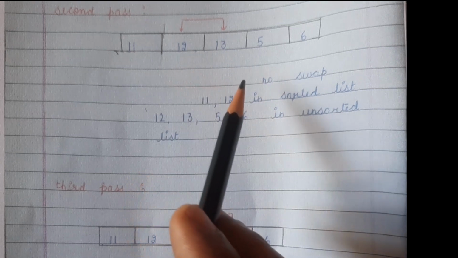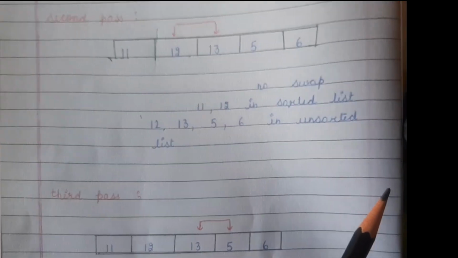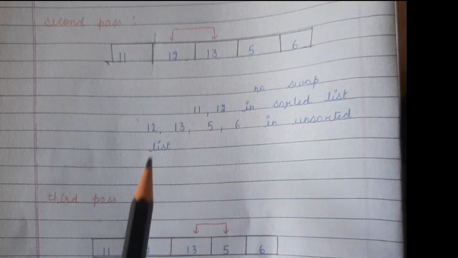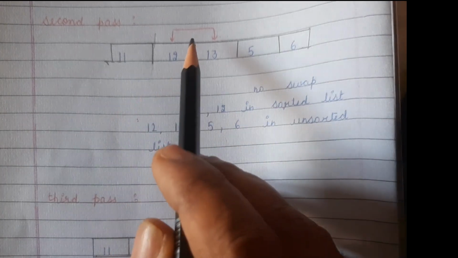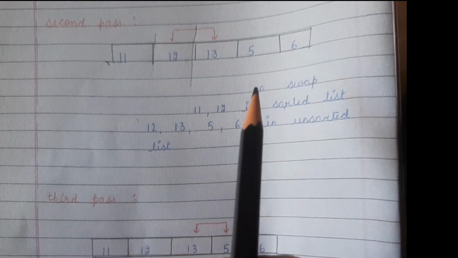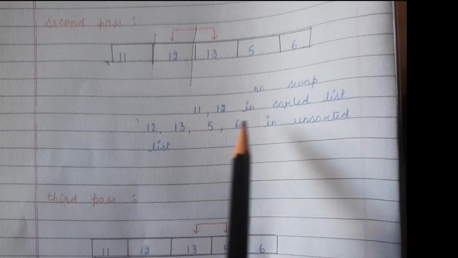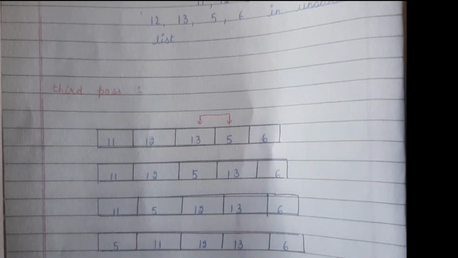Here swapping is not required. So after this, 11 and 12 both are in the sorted list and the rest of the elements are in the unsorted list.